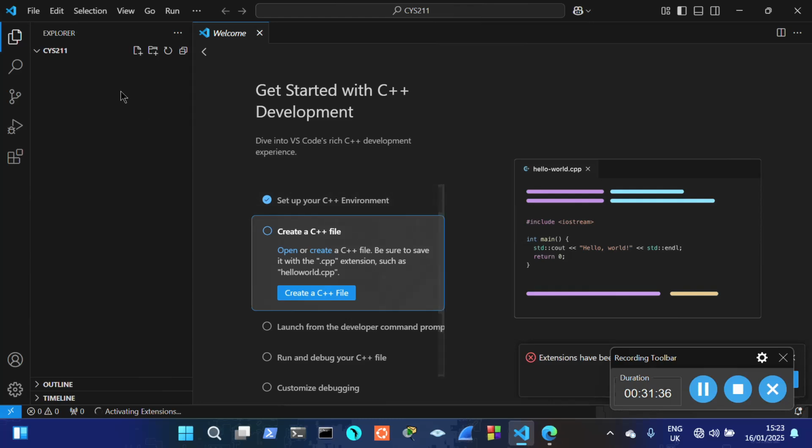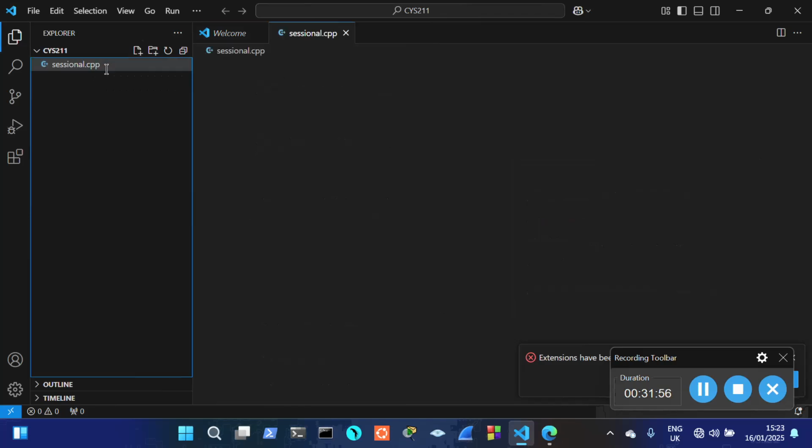Then we're going to create a new file, which we can call anything you want. I'll call it sessional because it was a session exam. Sessional.cpp. So .cpp is the extension for C++ programming. Once I click enter, as you can see, now I can start writing my program.